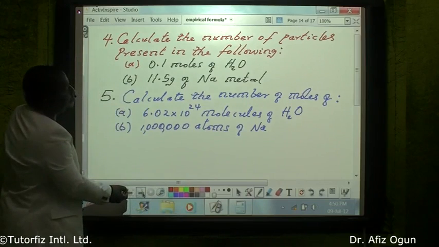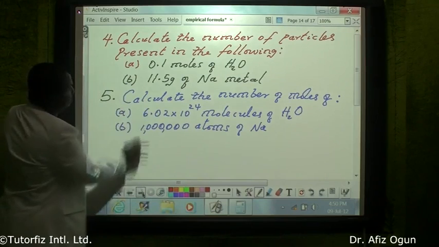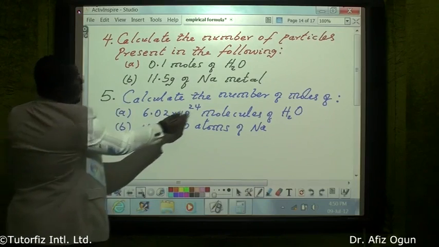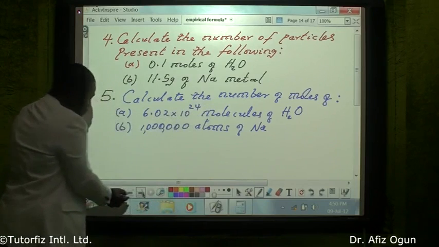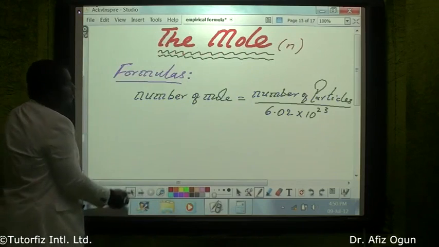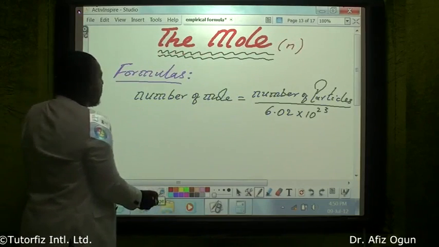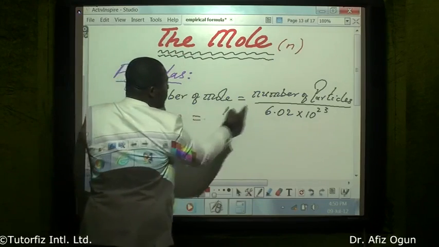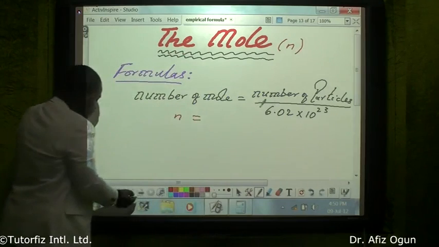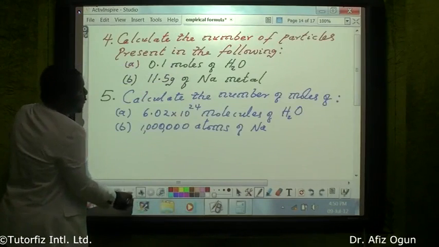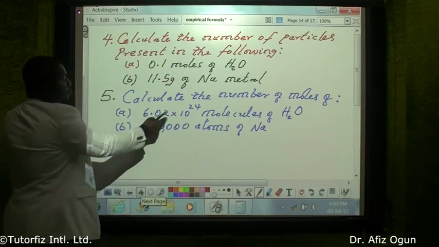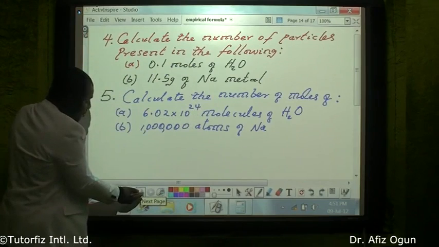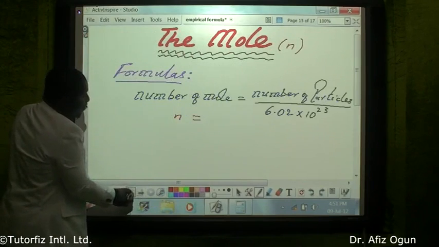Calculate the number of moles of 6.02 times 10 to the power 24 molecules of water. That is the number of particles. The particle here is molecule of water.